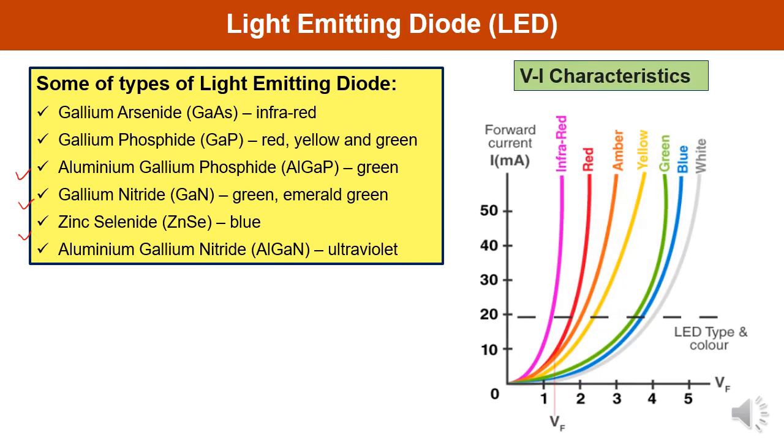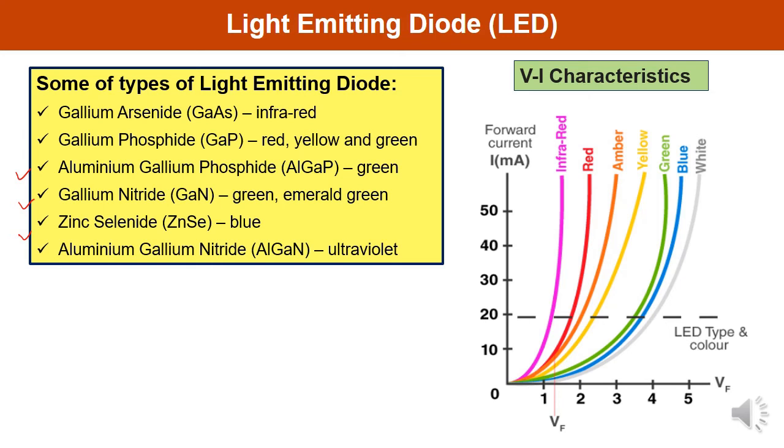Now let us discuss the VI characteristic of the light emitting diode. Here, two terms are very important whenever you are going to use an LED in any electronic circuit: efficiency and relative efficiency.